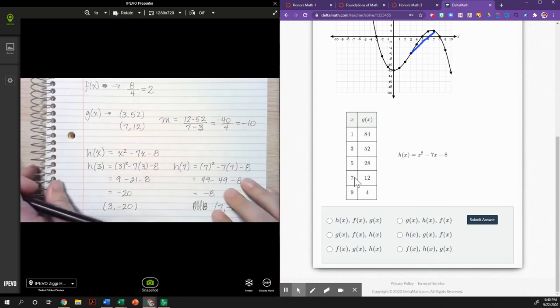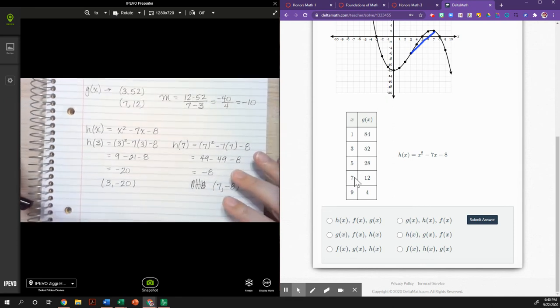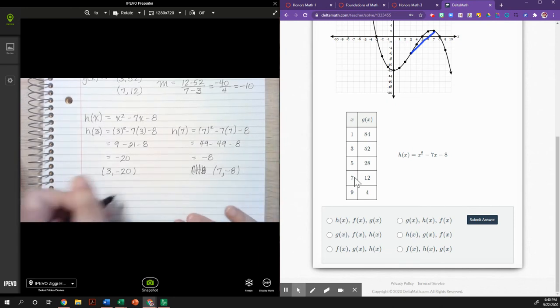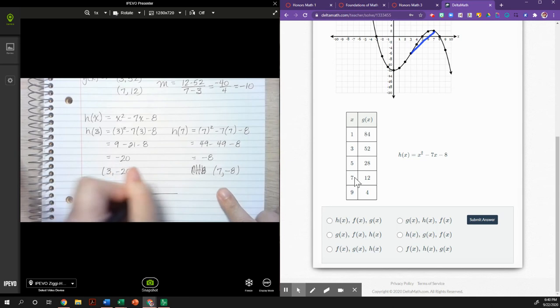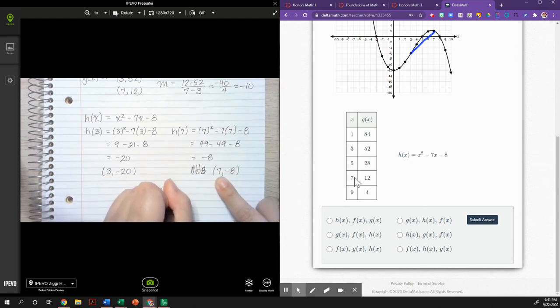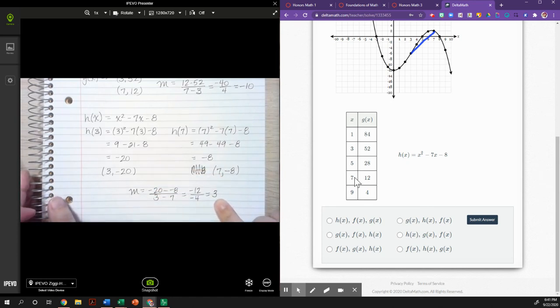I'm still not done with h of x, I have to find the slope. So m equals negative 20 minus negative 8 over 3 minus 7. Negative 20 plus 8 is negative 12, and 3 minus 7 is negative 4. So my slope is 3.